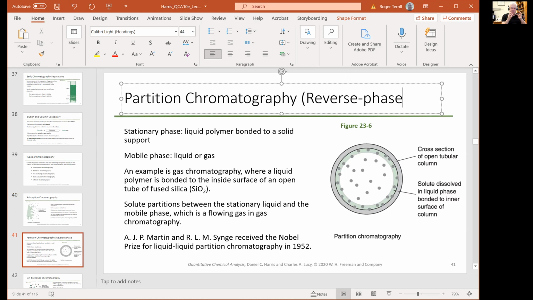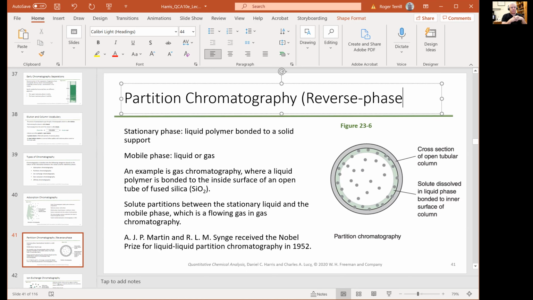Means you've got a silica stationary phase with some molecule bound to the surface. A very common example is octadecane on silica, but you can have all kinds of different molecules bound to silica, ranging from the completely nonpolar to the fairly polar.